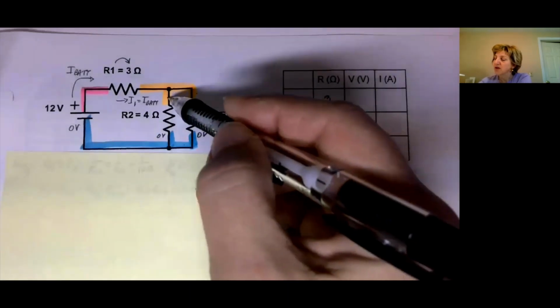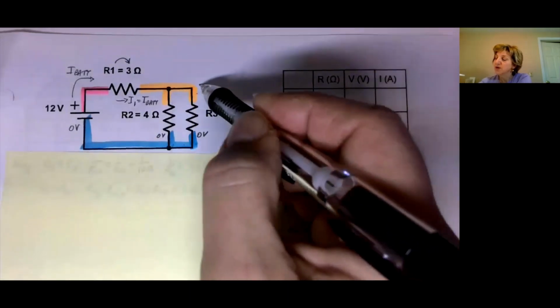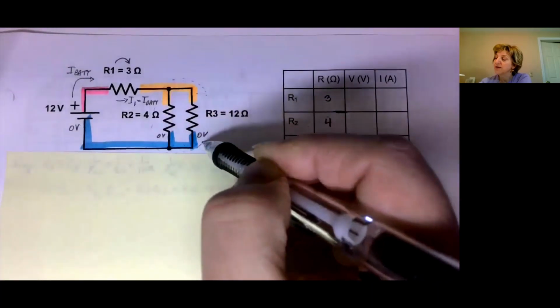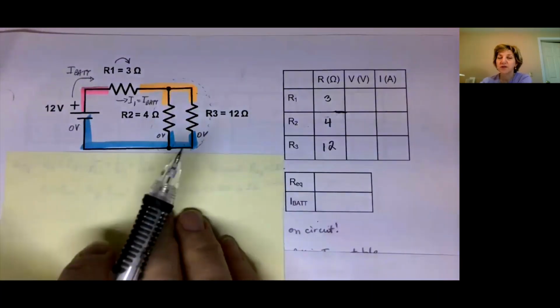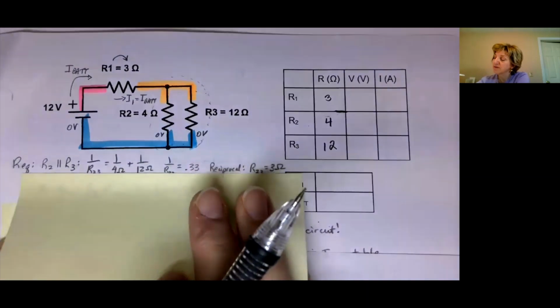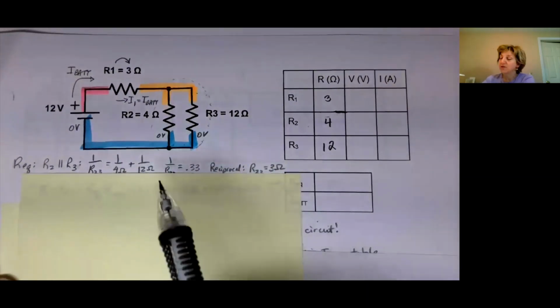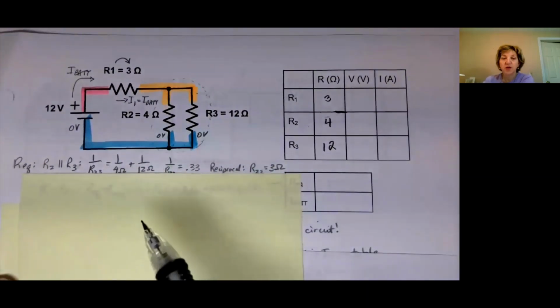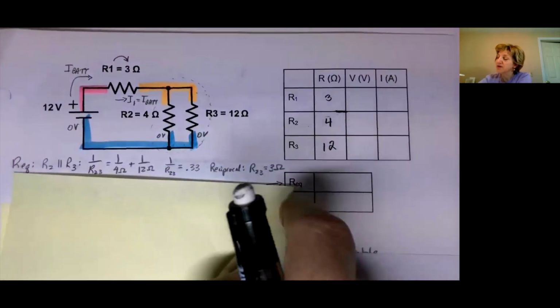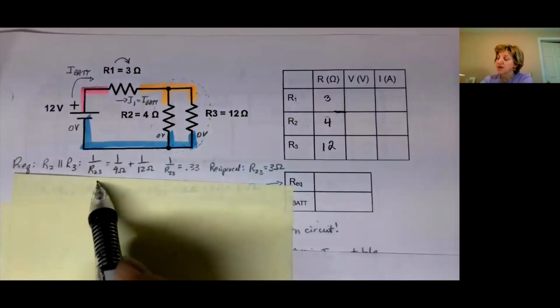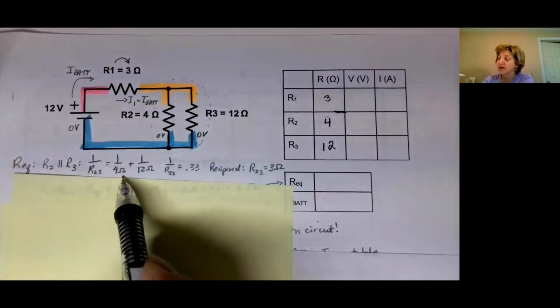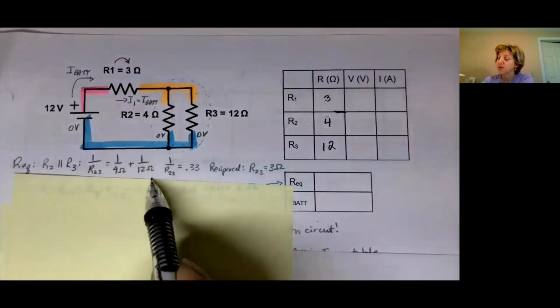Well, we see orange to blue. We know that we can get an equivalent resistance for those two. If we go and do our math, which follows along with parallel circuit rules, we see that 1 over R23 equals 1 over 4 plus 1 over 12.